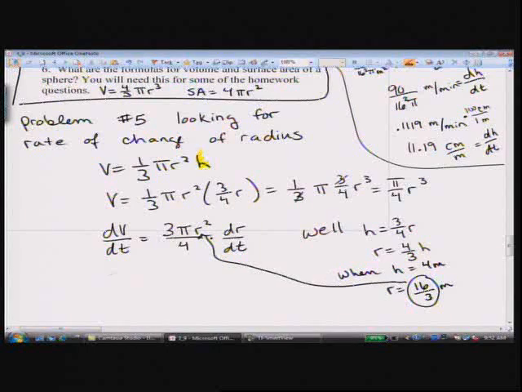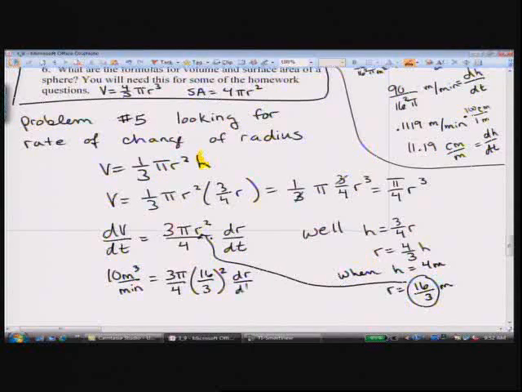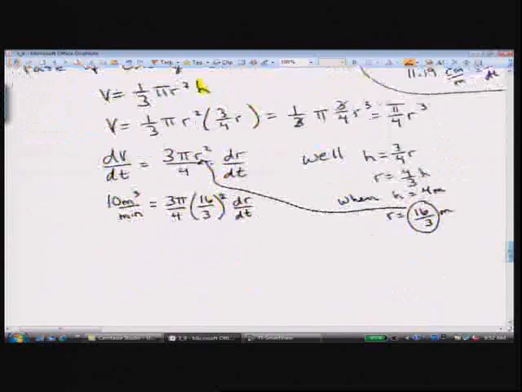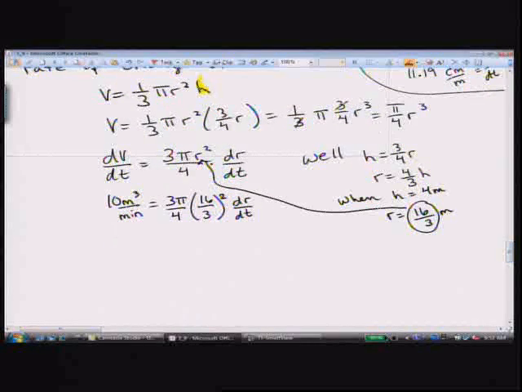Okay, so this is, was it 10? Yeah, 10 cubic meters per minute. This is 3 pi over 4 times 16/3 squared dr/dt. And this is meters, this is the unit here. Okay, so this is 10 cubic meters per minute.